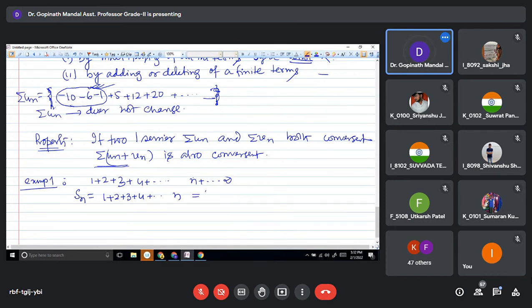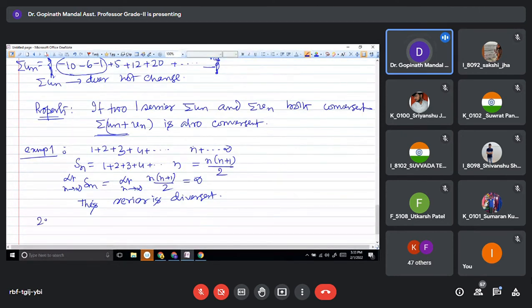So Sn is n into n plus 1 by 2. Now find the limit, limit n tends to infinity of Sn, n into n plus 1 by 2. This will be infinity. So this series is divergent. Divergent series.